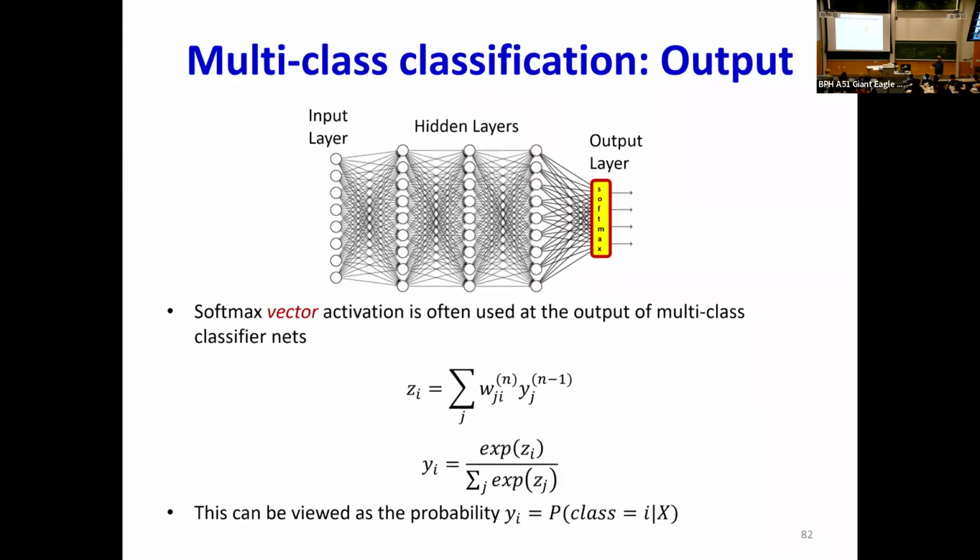Again, the desired output is binary. Every output is 1 or 0, with the further constraint that only one of the outputs is going to be 1, the rest are going to be 0. The actual output is going to be a probability vector. And you can see why it matches. When things are perfect, the network must be absolutely certain that it's a cat. So it will give it a probability of 1 for cat and 0 for everything else. But more often than not, it's not going to be so sure.